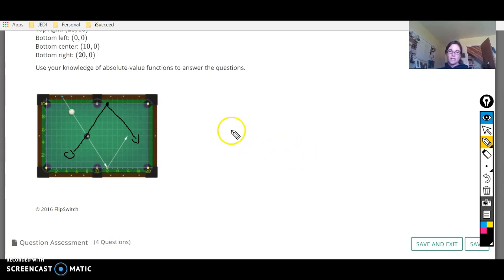Okay, so if we still have that ball at 8 and 5, so we have 5 equals A times the absolute value of, sorry, we'll make that an 8, 8 minus 12. And then now we have to add that plus 10, because we changed that. So before I can really do much, I'm going to do this calculation and give us a -4 here, but I'm going to subtract 10 from both sides.